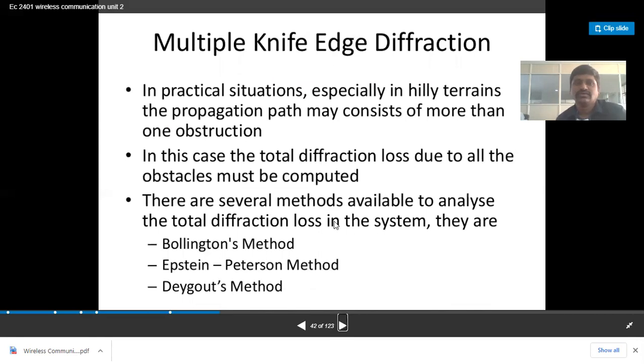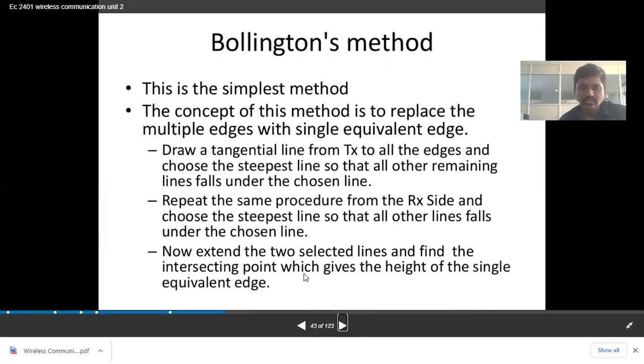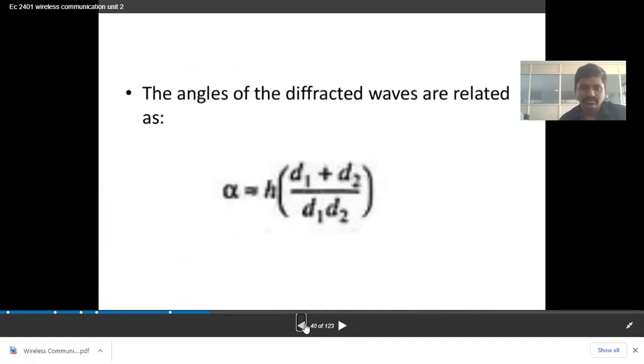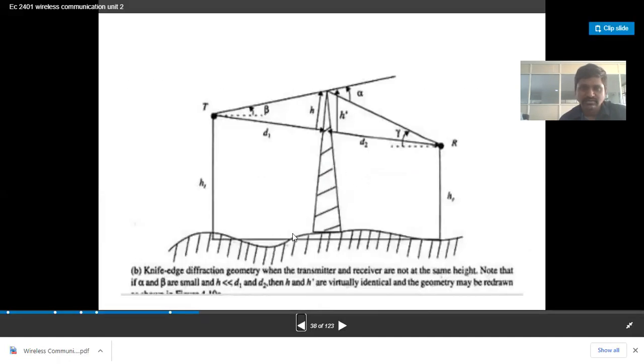Like here, for a single path, and for multiple paths, multiple knife edge diffraction is also there, and the total diffraction losses in the system can be analyzed by various methods like the Wallington method, Epstein-Peterson method and Deygout method. Here in these formulas, h is the height between the transmitted ray path and the distance d1.